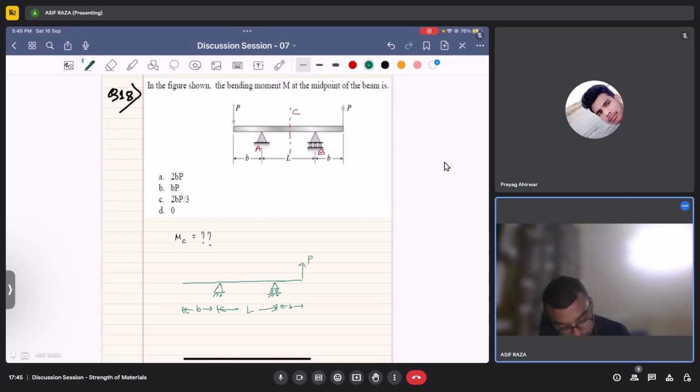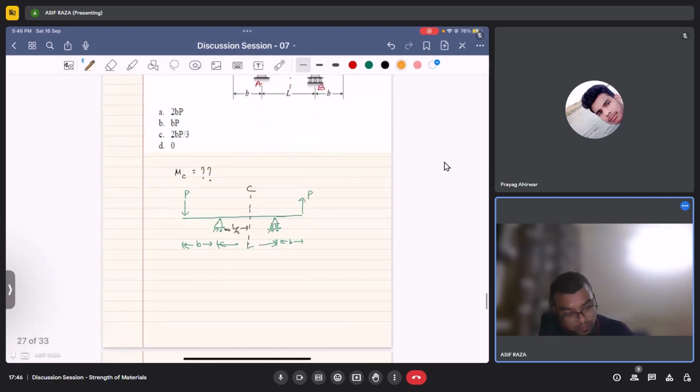The load is acting upwards here, downwards here. You want to calculate this C at L by 2. Okay. Reactions. So RA, RB, because no HA would be there.